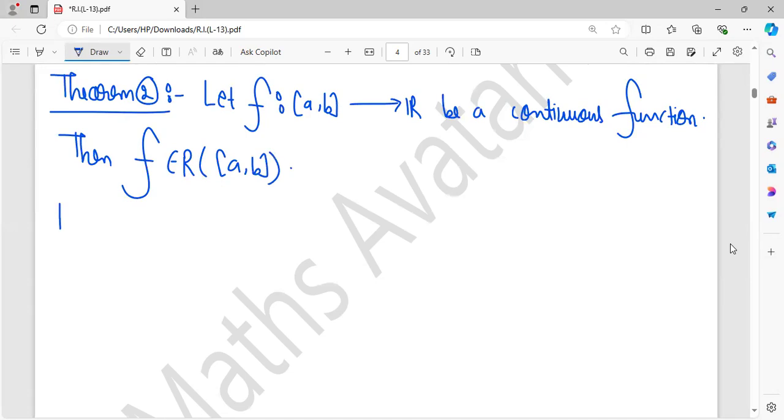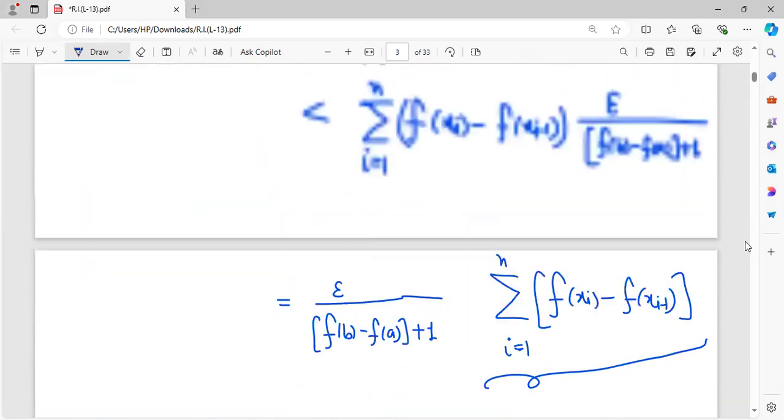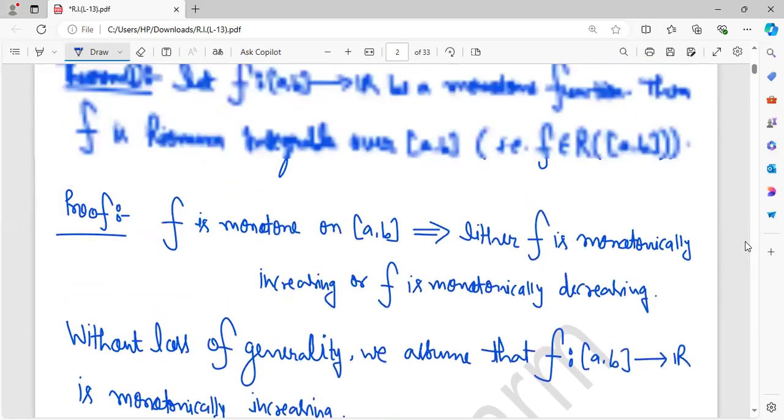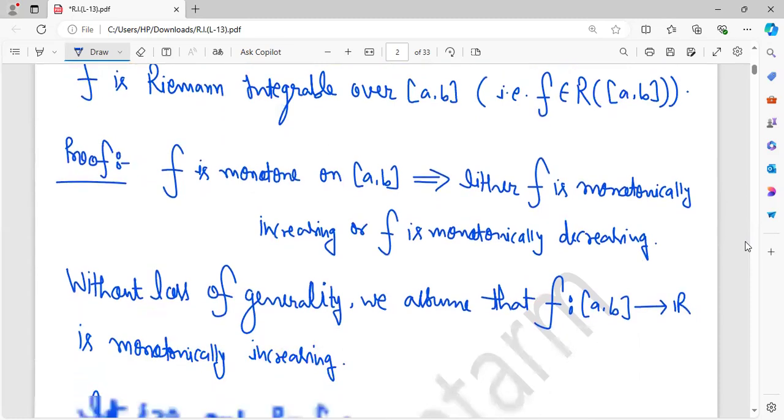Proof. In previous theorem 1, you know that every monotonically increasing function is bounded. Okay. In this theorem, we have not written this, but every monotonically increasing function is bounded.